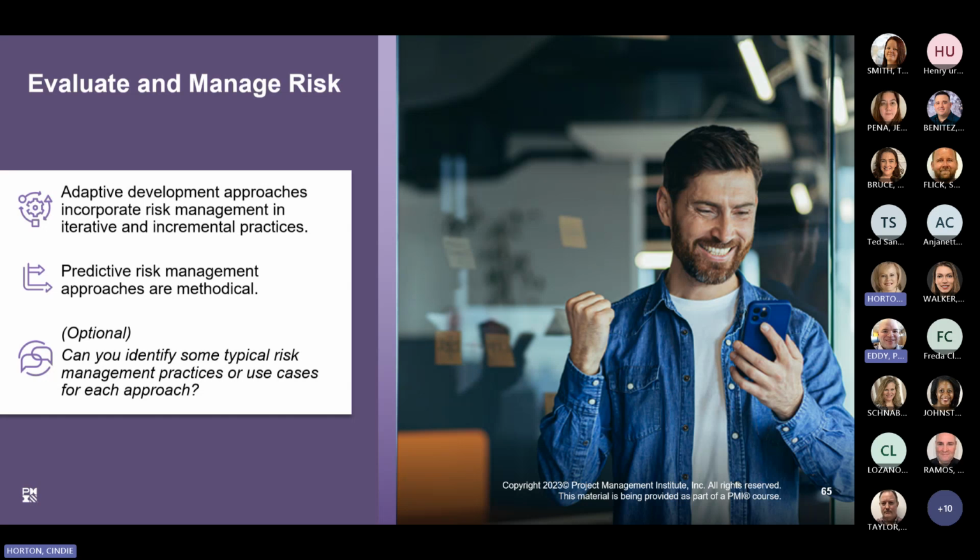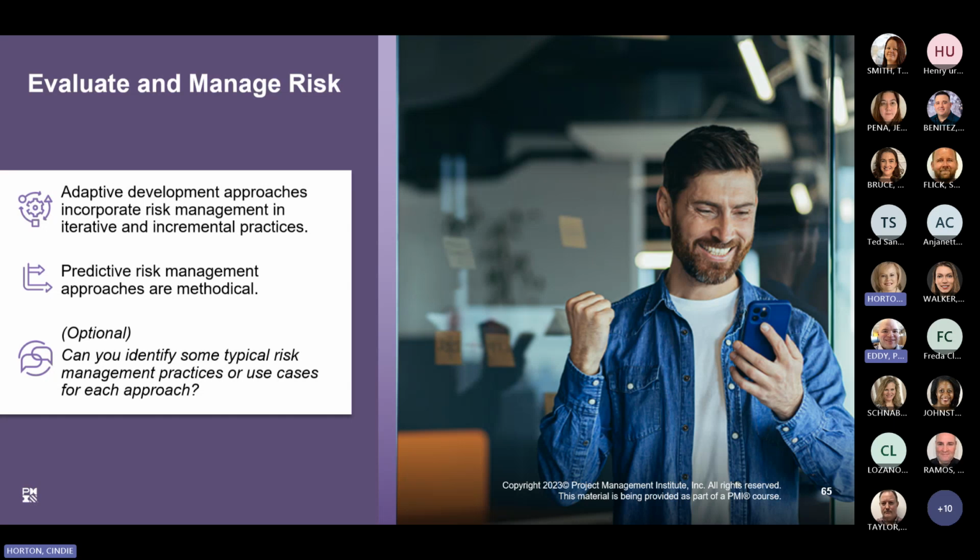What about maybe in adaptive? How can we go about managing risk, some good risk management processes there? Maybe continuous risk assessment, right?